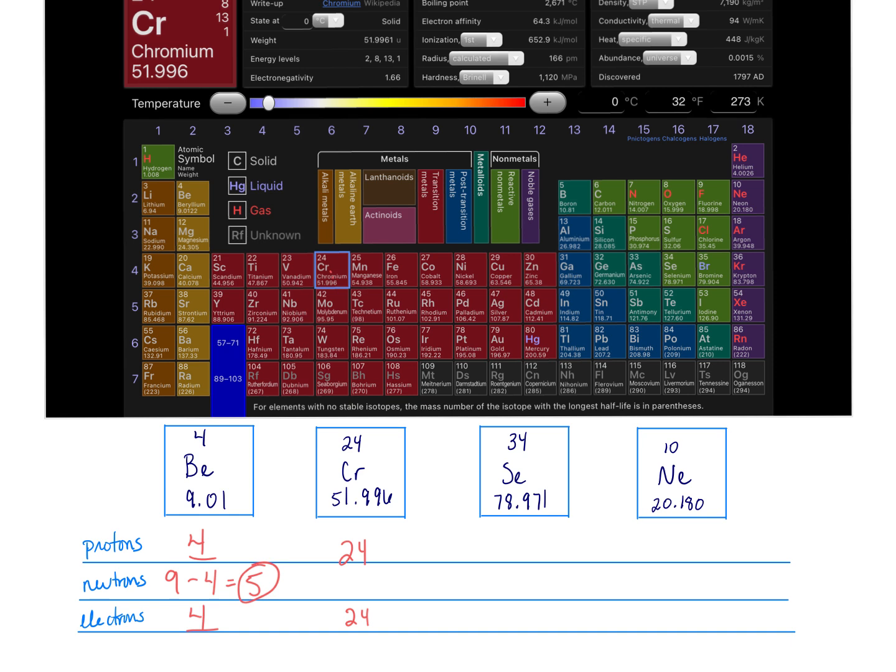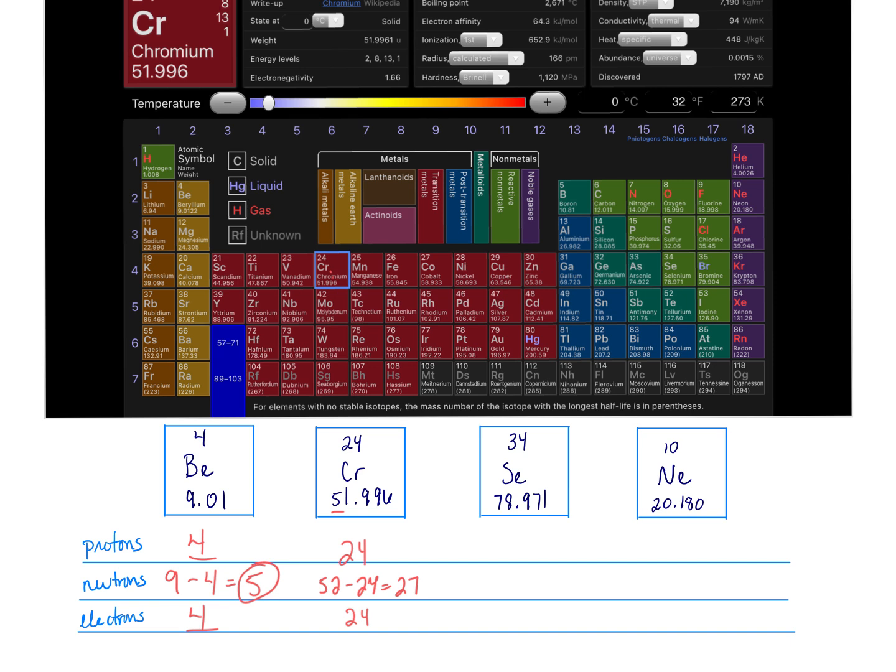And then 52 is the mass number here. 52 minus 24 would be 28. Okay, so there's 28 neutrons here.